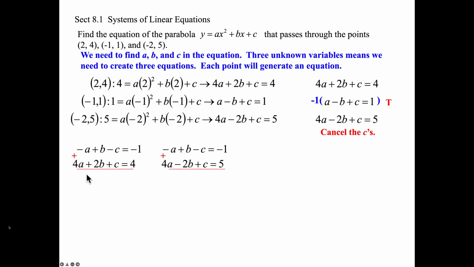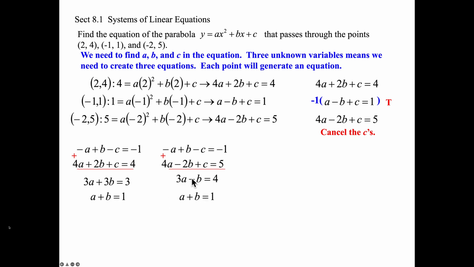So let's add these together. We'll get 3a plus 3b is equal to 3. All right, you know what we're going to do here. Divide them all by 3, so it's going to be a plus b equals 1. We're going to get 3a minus b equals 4. And take your a plus b equals 1, move that over, line it up under here.